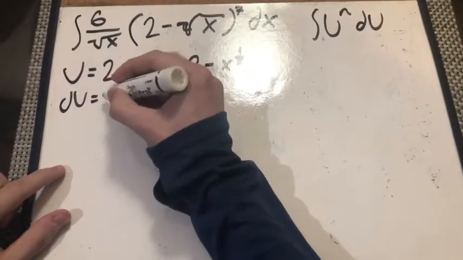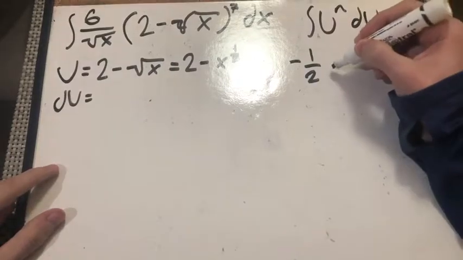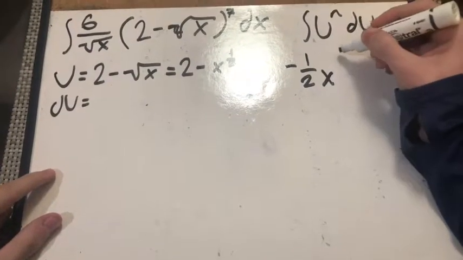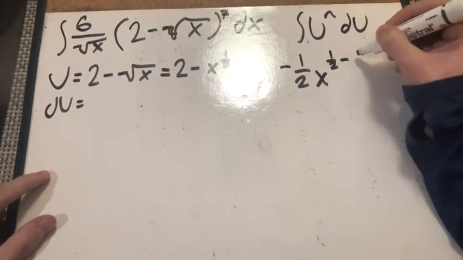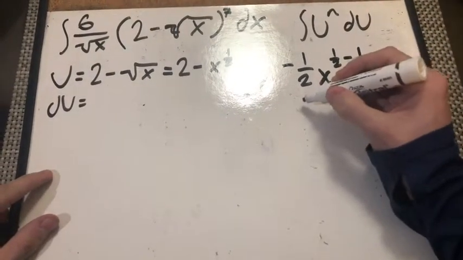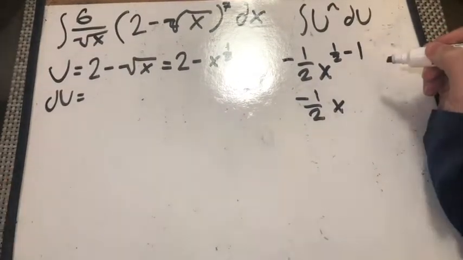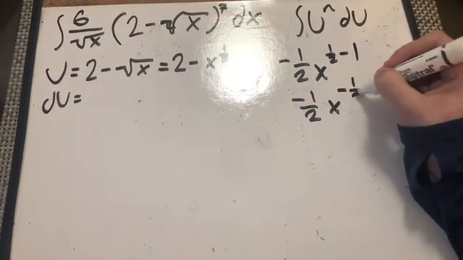So it is going to be, let's do it over here, negative 1/2 x to the power of 1 minus 2 over minus 1, which is going to turn out as negative 1/2 x to the negative 1/2.